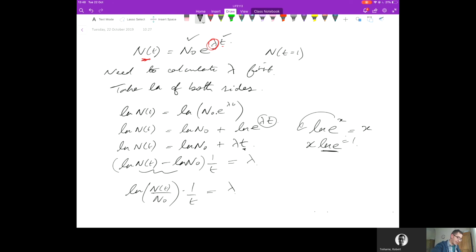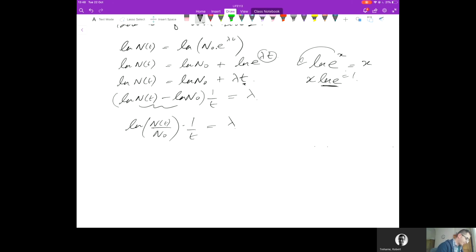I can solve for lambda now, because I can take my N0 value. Remember what N0 was? N0 was 2,500, and I've also told you that Nt is equal to 4,250 at t equal to 8.